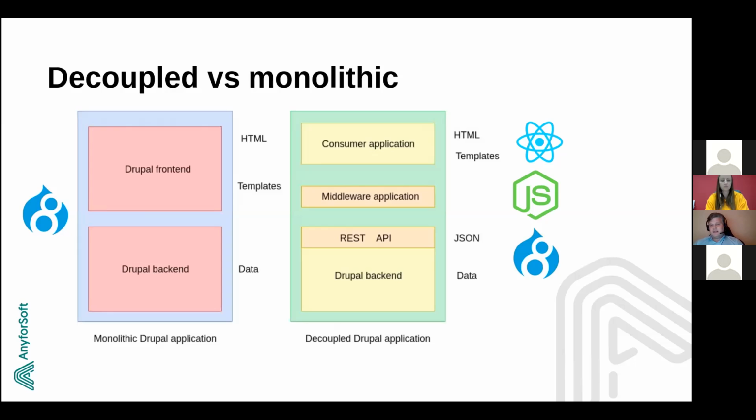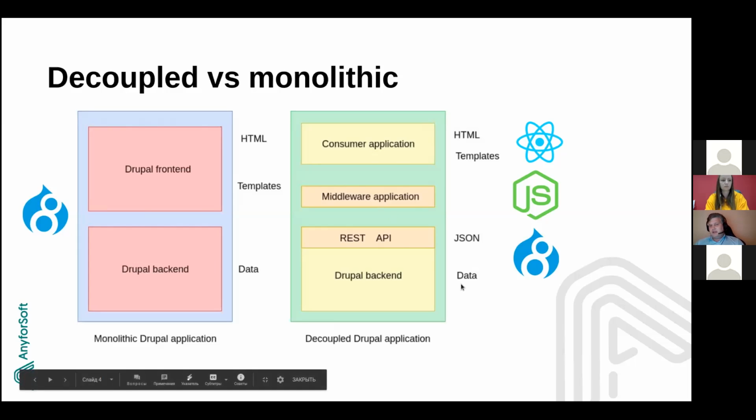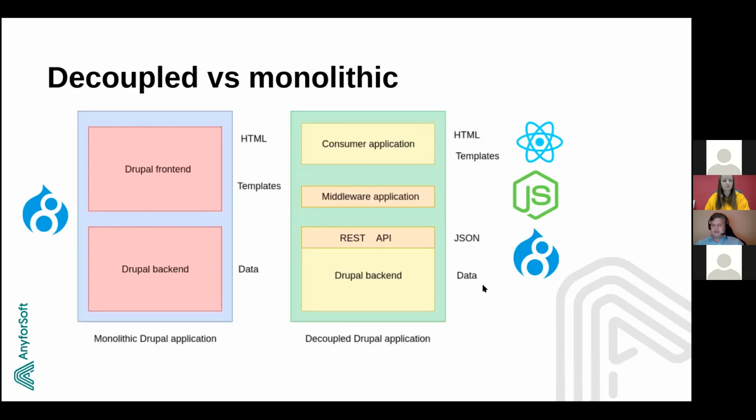But on the right side, we can see the diagram of a decoupled Drupal application. What do we actually have here? At the beginning, we have the Drupal backend, which contains data. This Drupal backend also provides a REST API interface for data exchange.